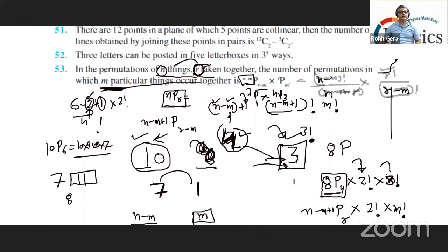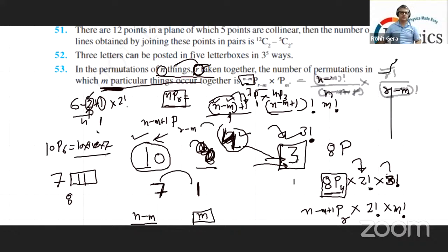They have to occur together. We have done many questions on occur together. But our method is we create a bundle out of it. We write it as n minus m, remove. So this is the first bundle and then the next bundle. So a total of n minus m plus 1 bundles are available, out of which we have to select 4.